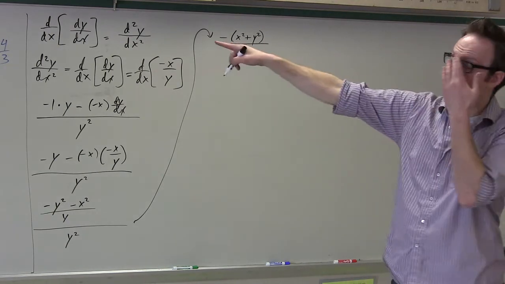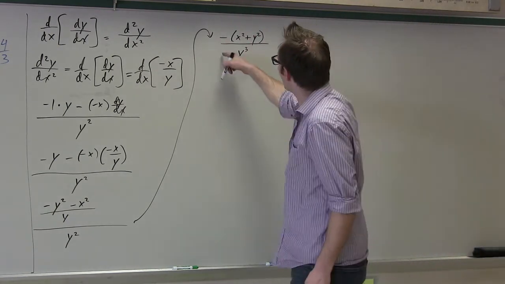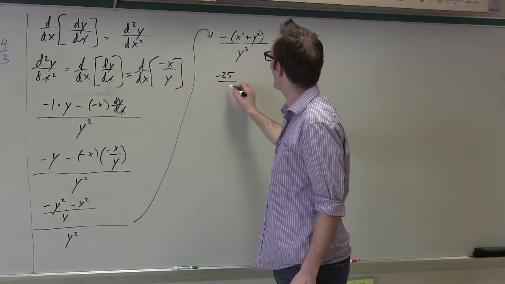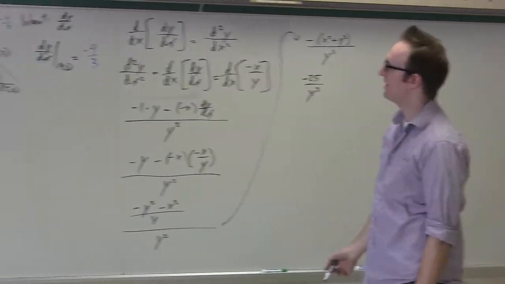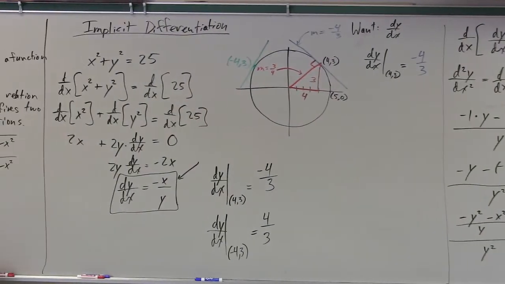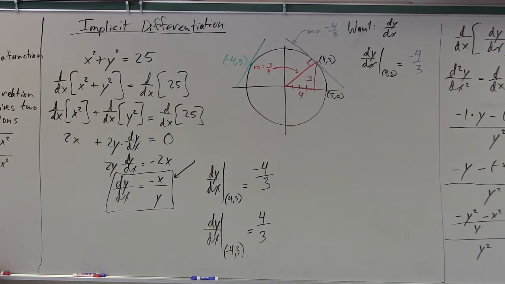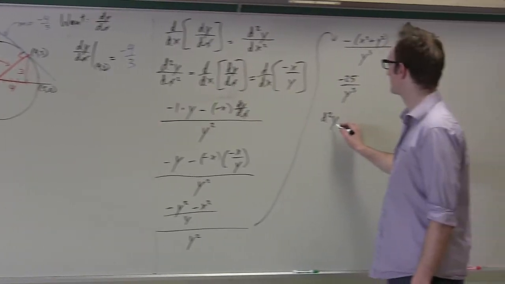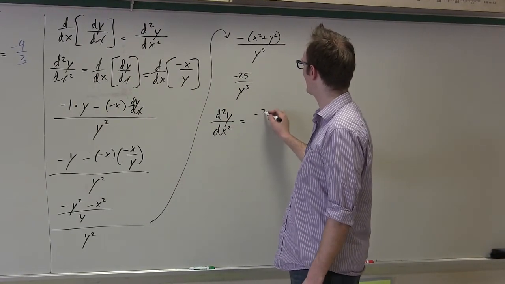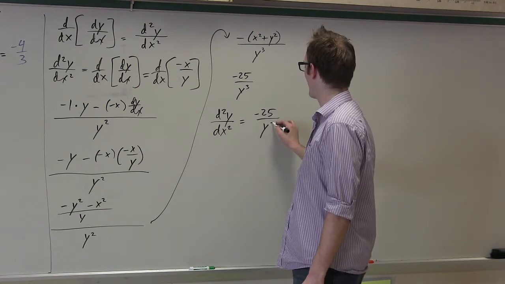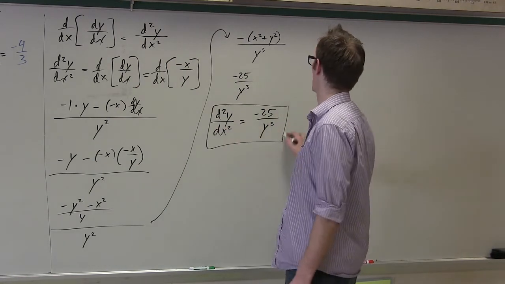Of course, x squared plus y squared is just 25. So actually, this is just negative 25 over y cubed. Okay. I went really fast because there's no one here to slow me down. No confused faces. But what I just learned is that d squared y dx squared for this particular problem is negative 25 over y cubed.